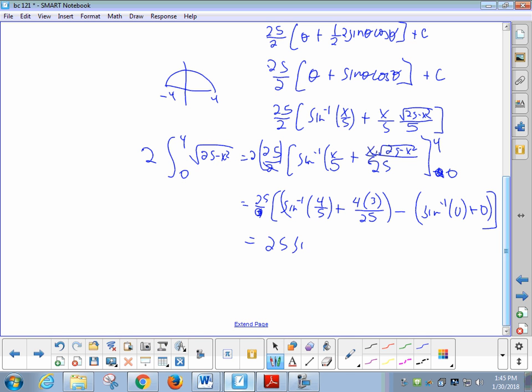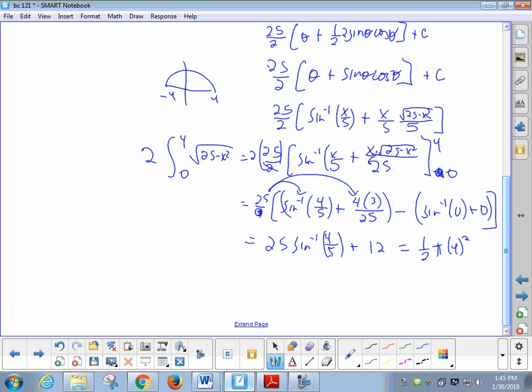So 25 arc sine of 4 fifths plus 12. And I distribute. What's really cool is that's equal to 1/2 pi times 4 squared.